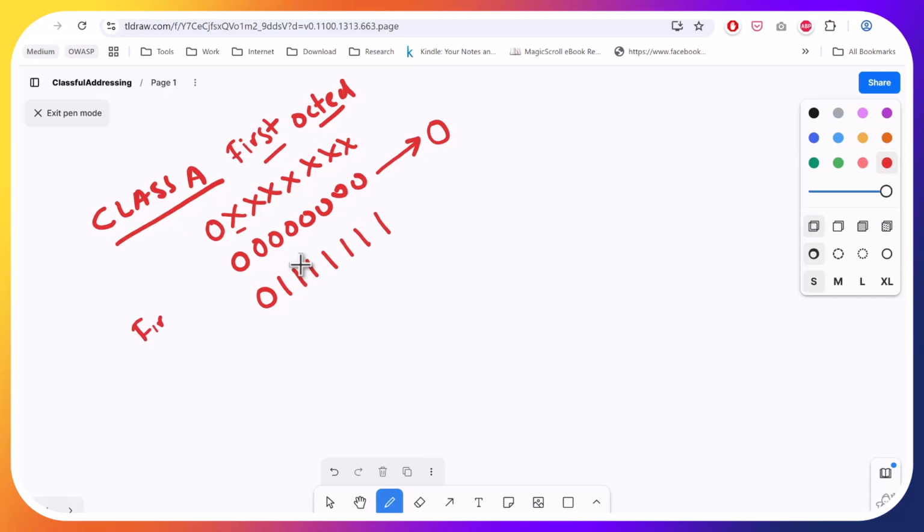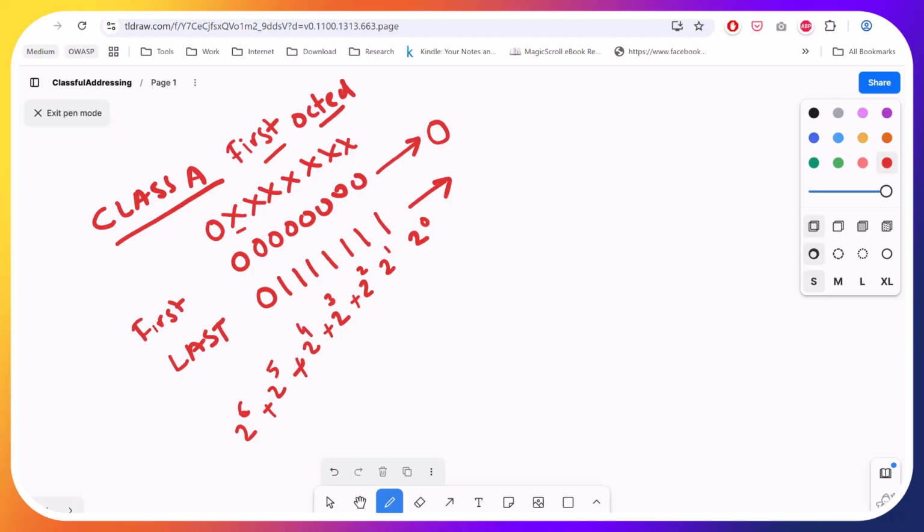What will be the value of this? How to compute it? We have seen this. To convert it to decimal, you put each bit position as 2 raised to the power: 2 raised to power 0, plus 2 raised to power 1, plus 2 squared, plus 2 cubed, 2 raised to power 4, 5, and 6.